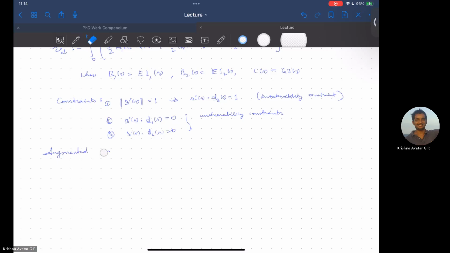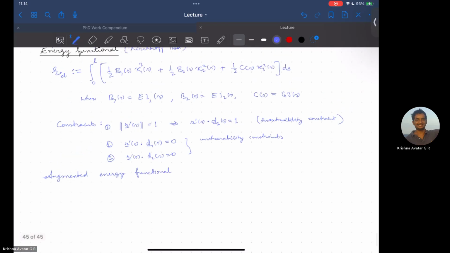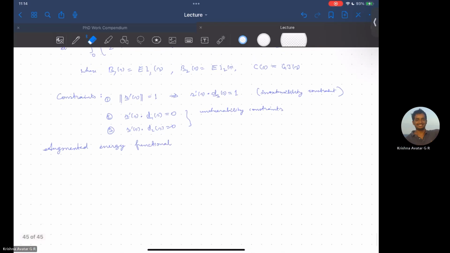And so when we construct a total energy functional, what we call the augmented Lagrangian will be the augmented energy functional. And here is where we would like to have E elastic.